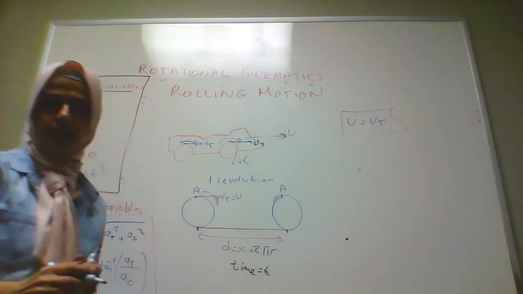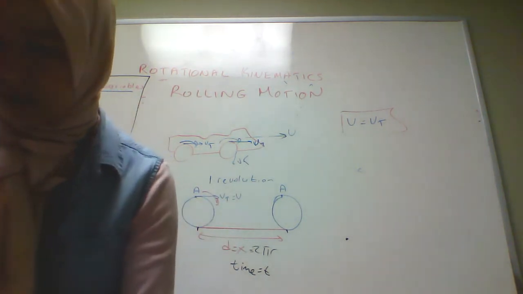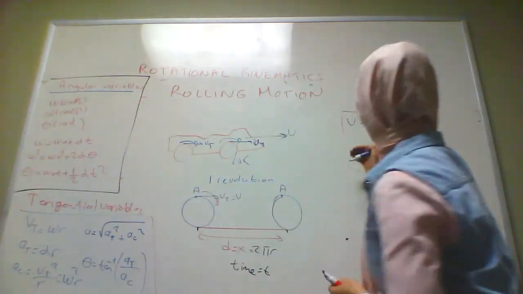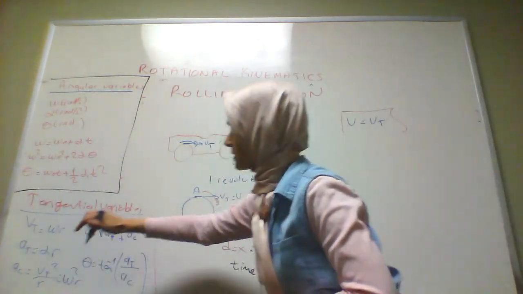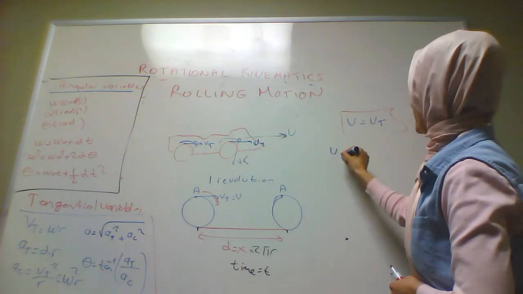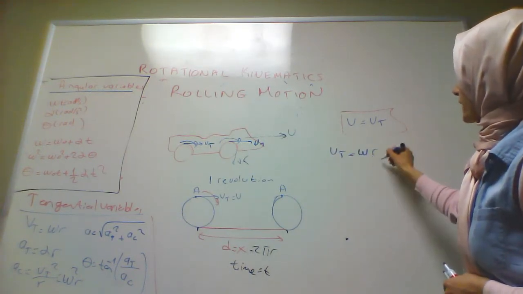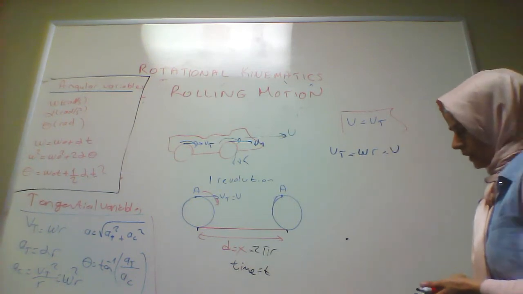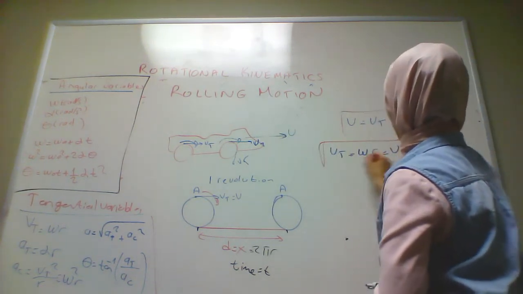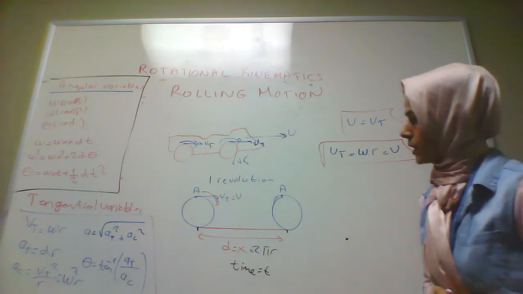And that's all about it, simply. We can find Vt using these equations. As we know, Vt is equal to omega r. Once we find Vt, we have V. And if we ever see questions involving these values, that's what we're going to do to solve them.